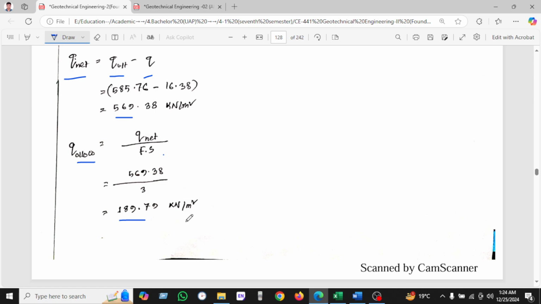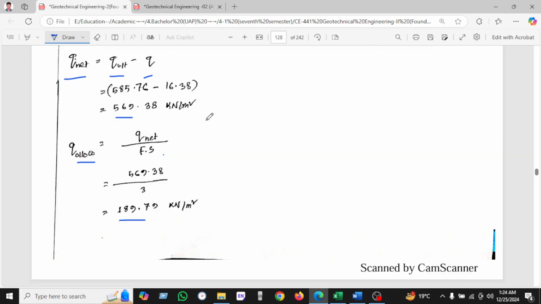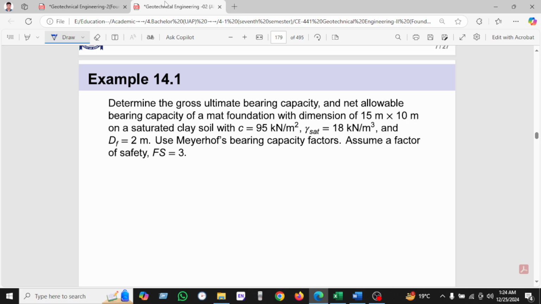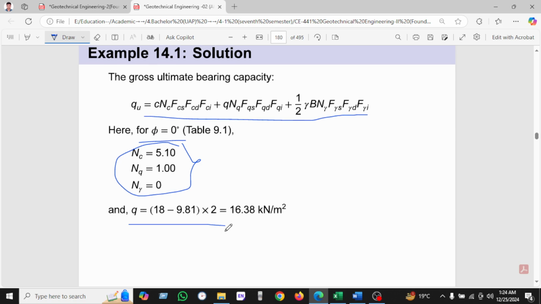So if we see this here, this math example and this example are the same. We can see here all the data is given. C is 95, gamma saturated 18, and Df equal to 2, so we will use this equation. When phi is 0, we have found from the Meyerhof equation Nc is here and Nq equal to 1 we have found here.